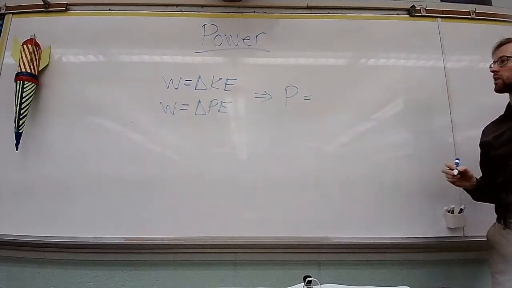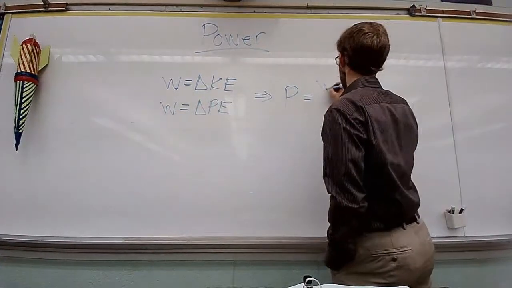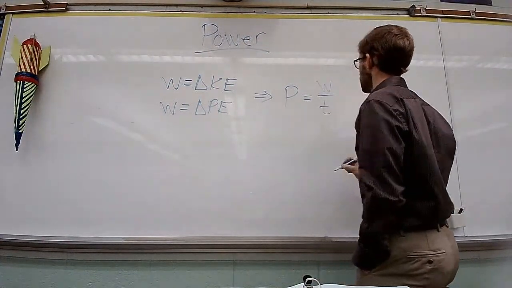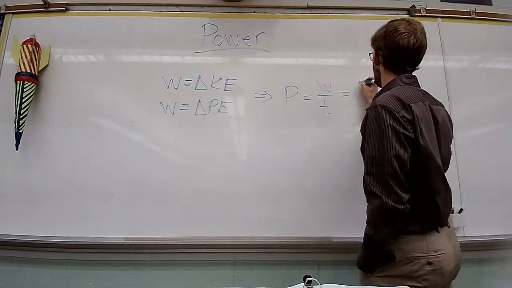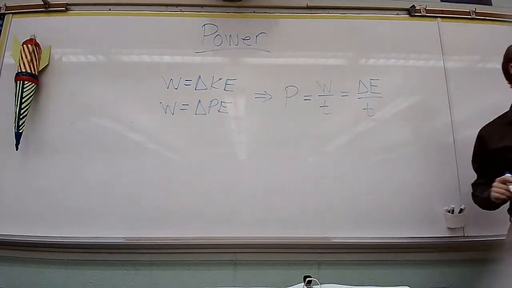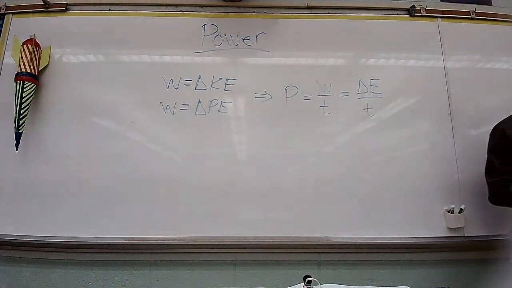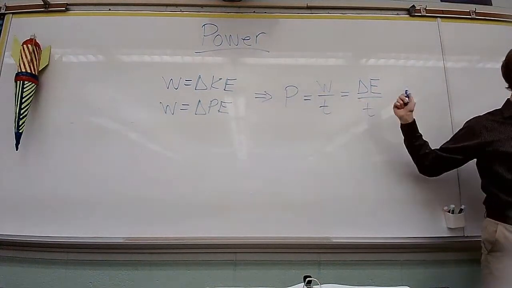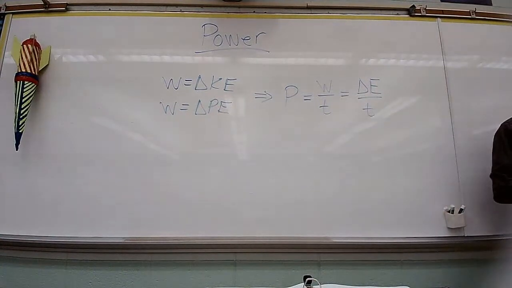Power is simply equal to your work divided by your time. In other words, it's equal to your change in energy divided by your time. That's all there is to this. And on your formula sheet, it is listed in both of these ways, just so that you remember. But it's saying the same thing, because work is equal to change in energy.